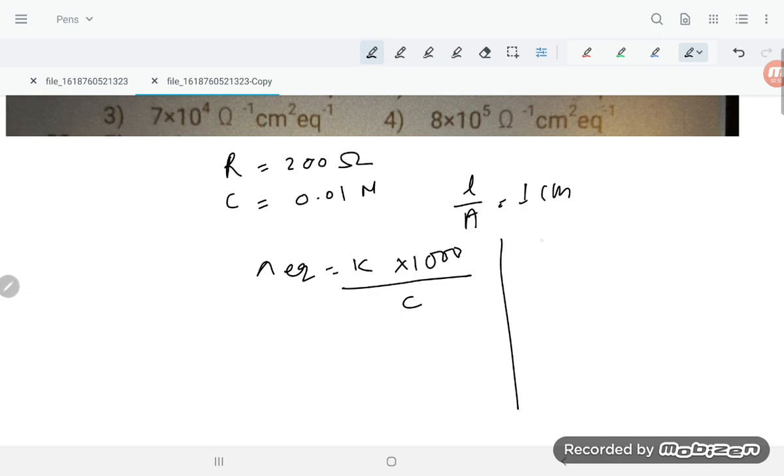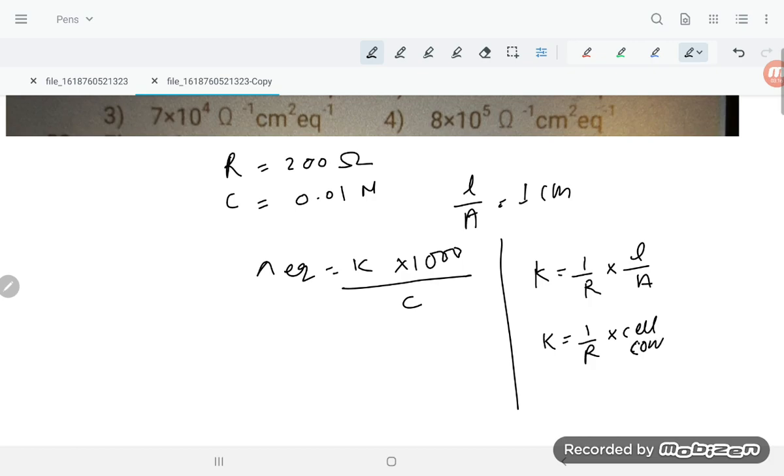How can you calculate K? You know very well, students, K is inversely proportional to R, and here this is the product of L by A. So directly we can write K equals 1 by R into cell constant.